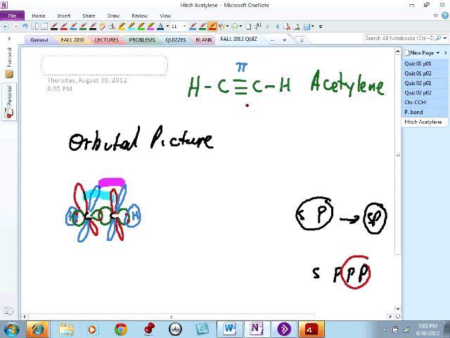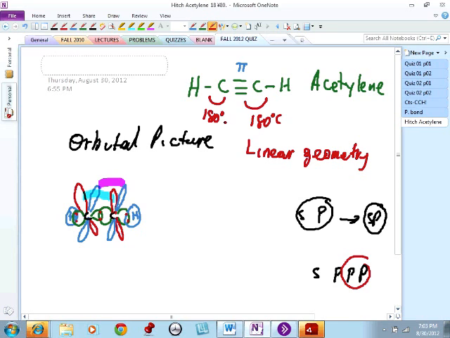In the case of the sp hybridized carbon, this bond angle is 180 degrees. So therefore, we say this is a linear geometry. Okay, the same thing here. The bond angle here is 180 degrees. Okay, and also that has some impact on chemical reactivity. Okay, any other question before we move on?